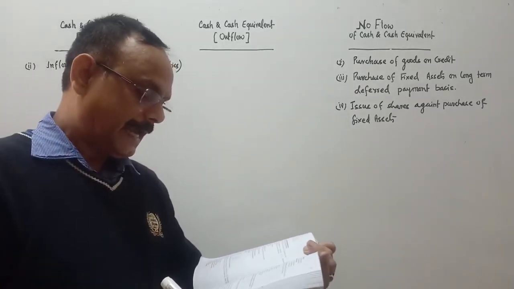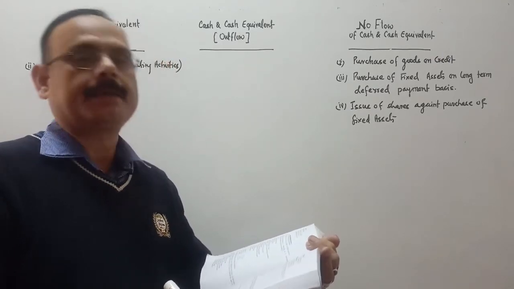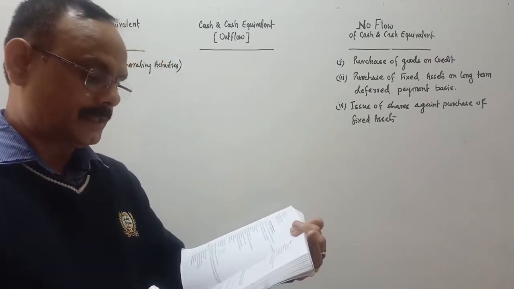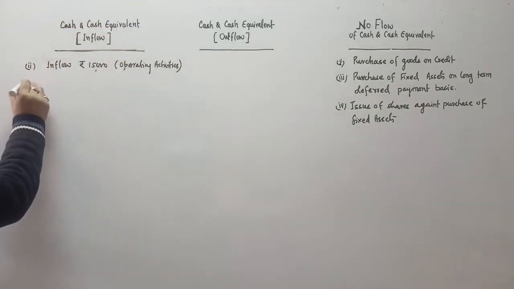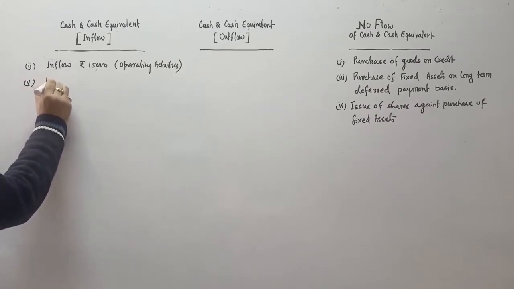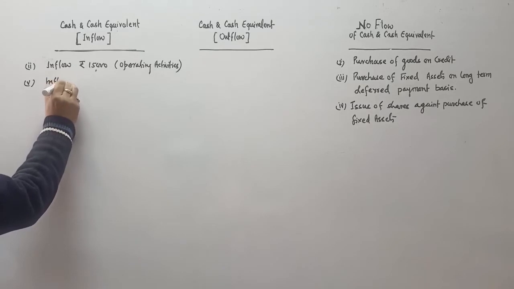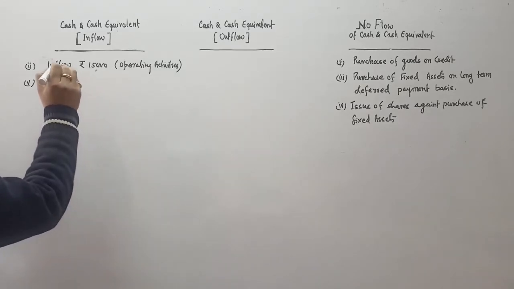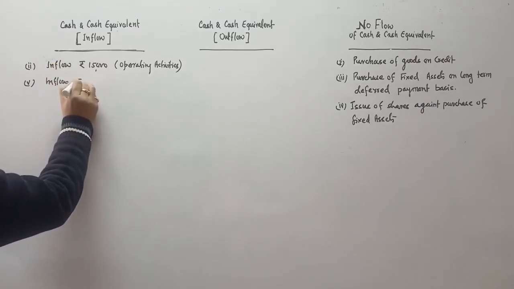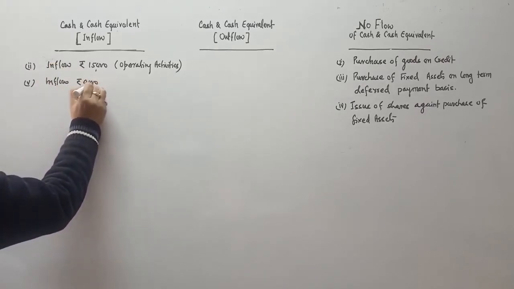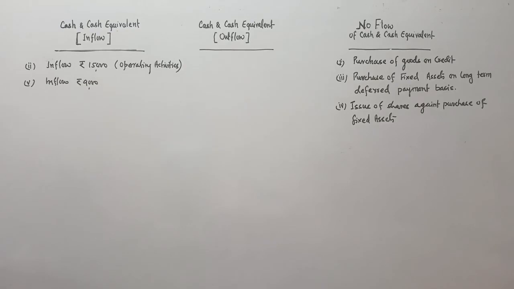Next is cash receipt from a trade receivable, discount allowed 1,000. Cash receipt from a trade receivable is an inflow. This is point number 5. The inflow is 9,000 rupees, because the discount allowed is 1,000.